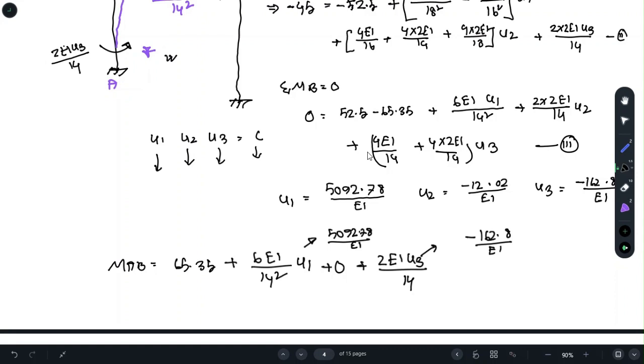So EI will cancel each other, and minus 162.88 will be multiplied here, 5092.78 will be multiplied, and you will get a value from it. So this is how you get the value of a moment after solving for Doki E1, E2, and E3, and you can find the reactions at any joint following the same process.